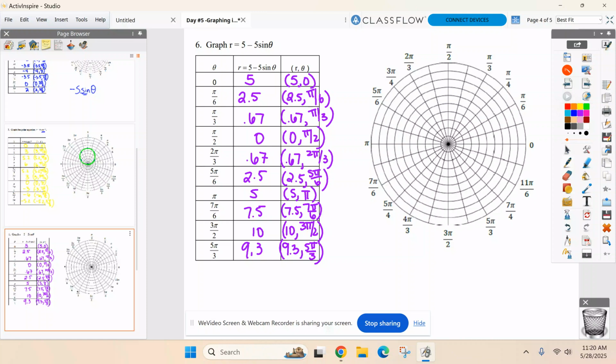Just make sure we got the right one here. Before we graph them here together, take your time. All right, let's see how we do graphing these points. 5 out to 0. 2.5. Oh, a tiny one there at pi over 3, huh? Don't even go a full one. Then we come to 0.